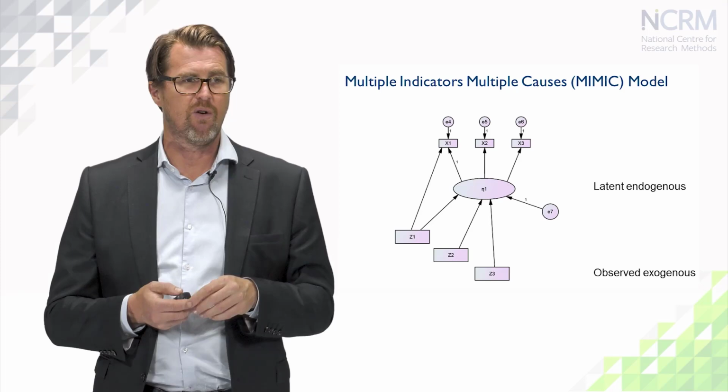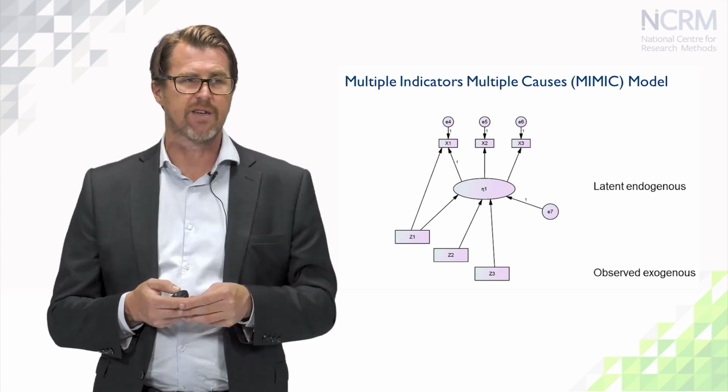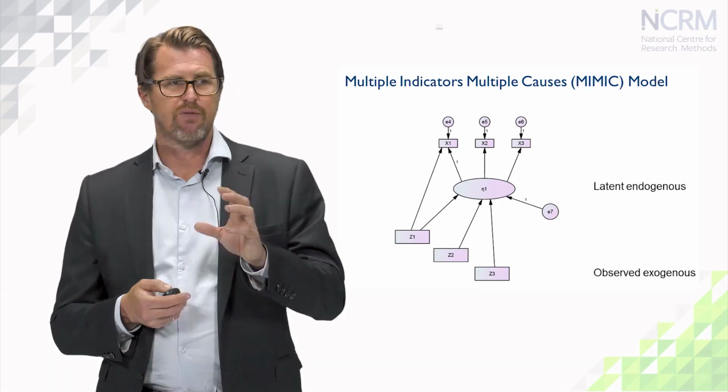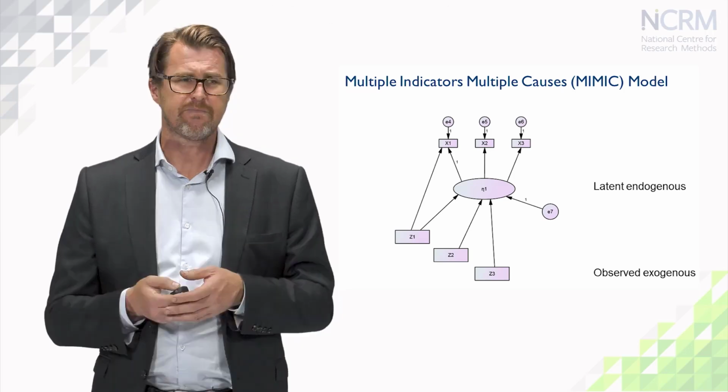Now, we would use this as a way of testing whether that x1 variable, the observed indicator, is perhaps functioning differently for different subpopulations. So we can imagine perhaps that the three observed variables here are scores on a test.